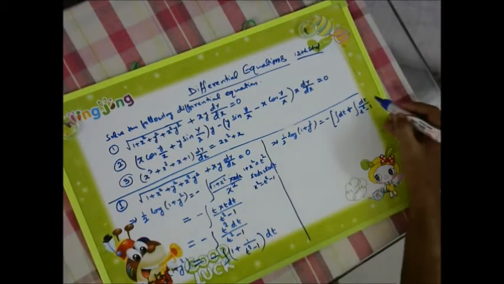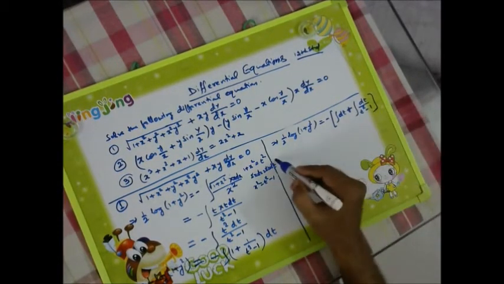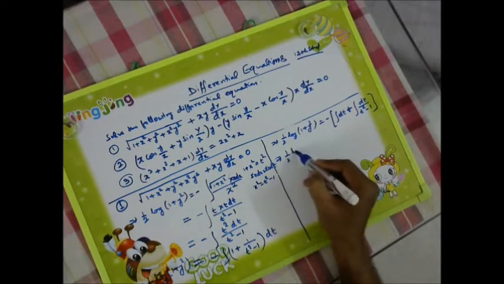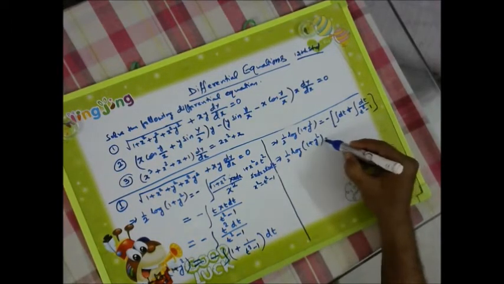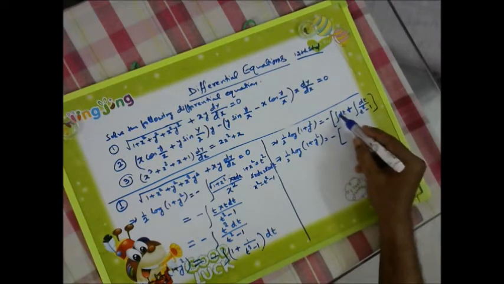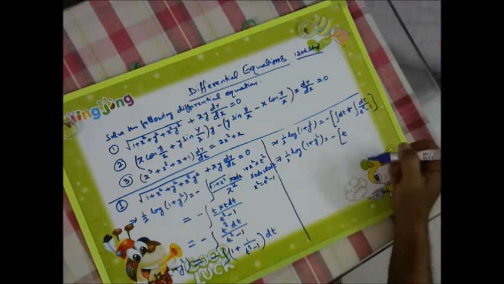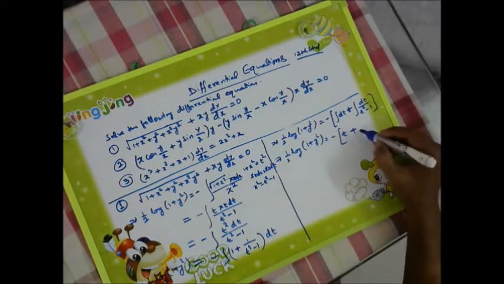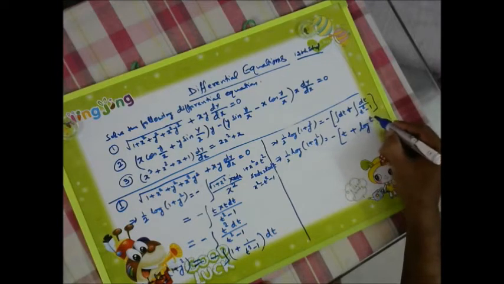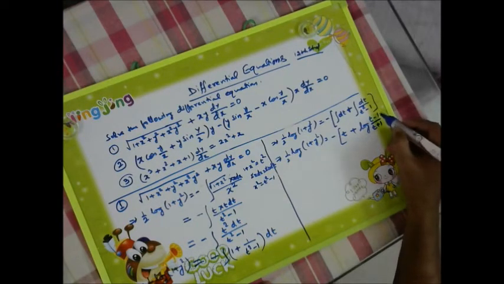Right. Then this will be given to us as half log 1 plus y square is equal to minus. So dt is only t, integration of dt is t, and plus, this is the formula itself. So the formula says log of t minus 1 by t plus 1, and then plus c.